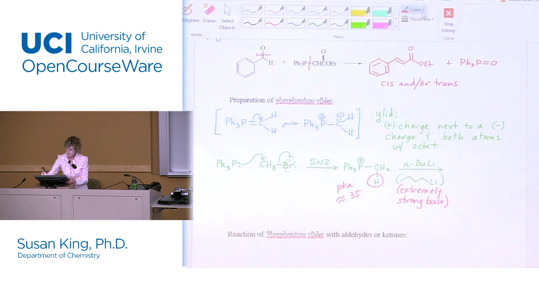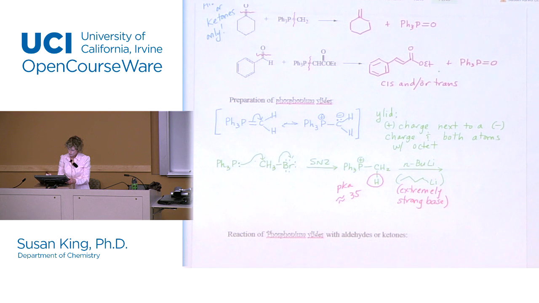Okay, and once you remove that acidic proton with your extremely strong base, you get the Wittig reagent. So positive charge on phosphorus, negative charge on the CH2.